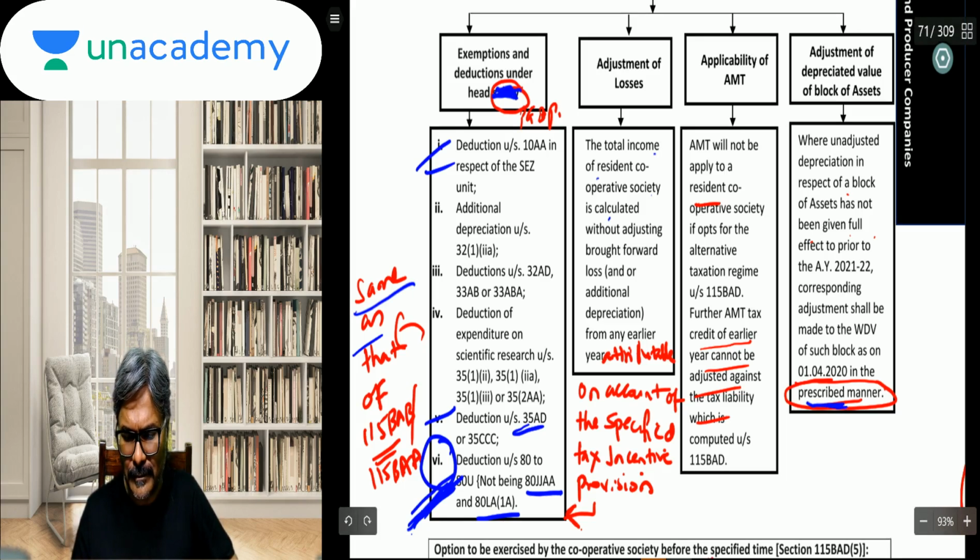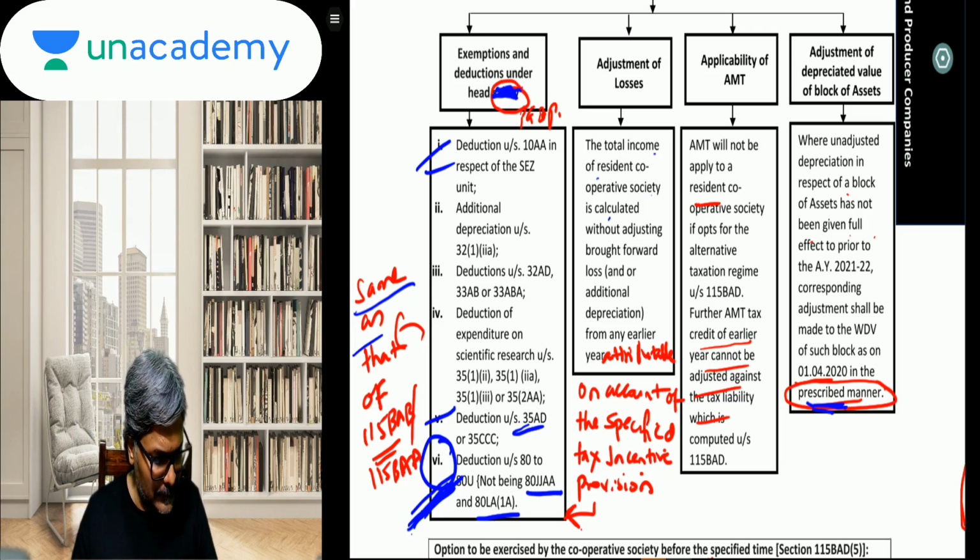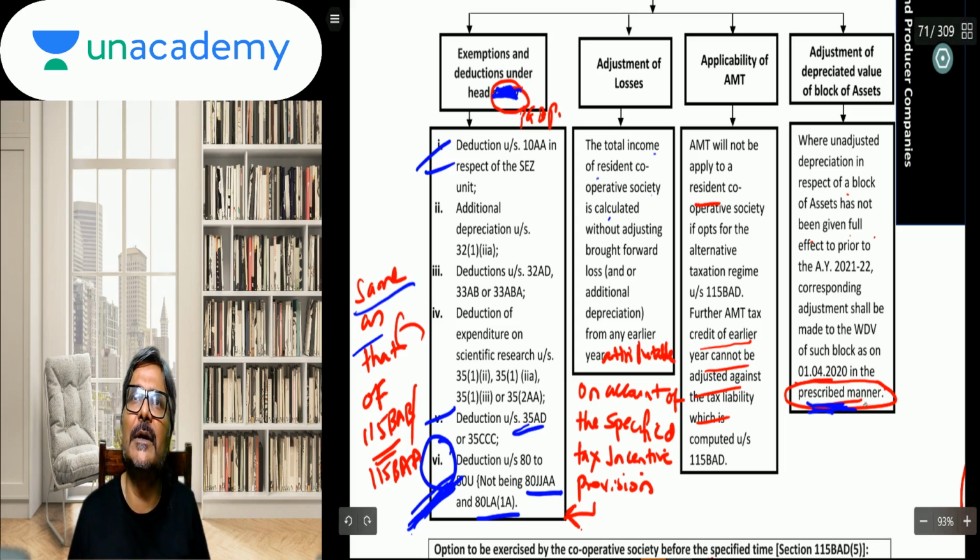Students, read the last paragraph, last box. So we will have the prescribed manner, means the rules are yet to be notified.